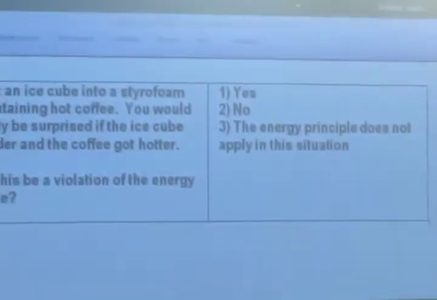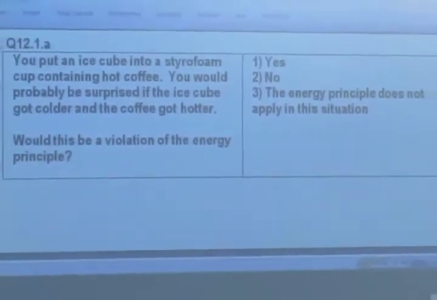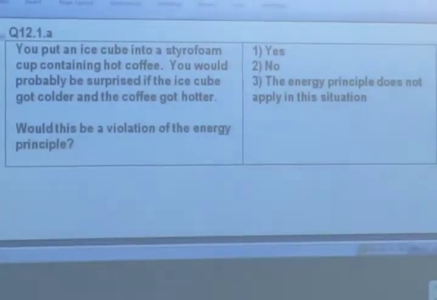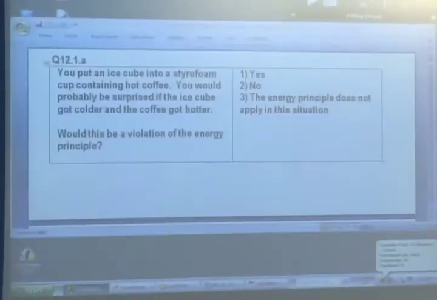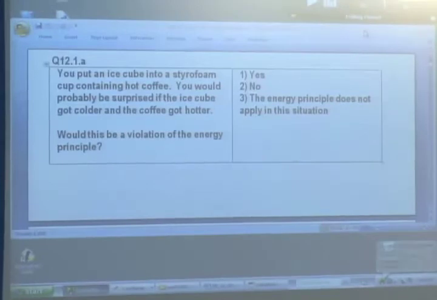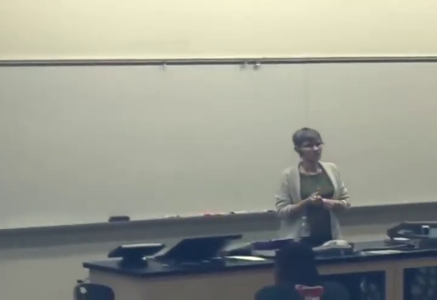However, would that actually violate the energy principle? Most people say no, it actually wouldn't violate the energy principle. And that's correct, it wouldn't.